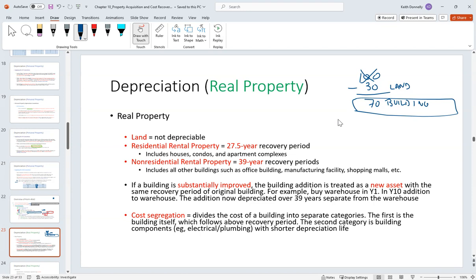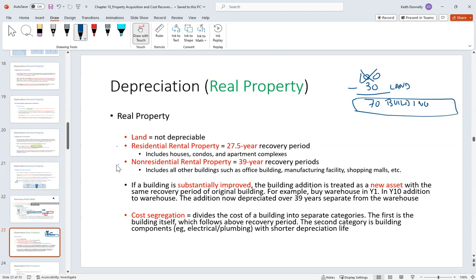Now, when we're talking about real property, there's 2 types, right? You have residential and non-residential. Is this property capable of somebody living in it or not? Is this an apartment building we're renting out for someone else to use, like an Airbnb we're trying to make money on? Or is this a business use property like our warehouse, like our office building?